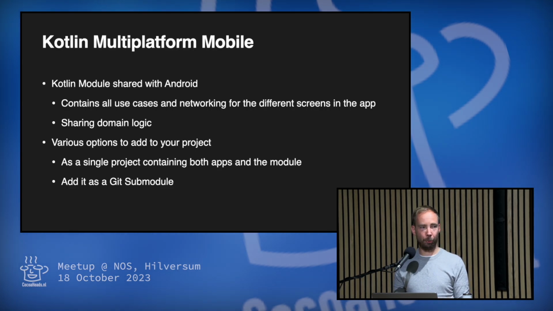There are various options to add it to your project. You can just make a single project, like in the tutorial, that contains both apps, the Android and the iOS app, and the module in the same folder structure. But we didn't like that as much. So we went for different Git repositories for each of these, and then we embedded the common module as a submodule.